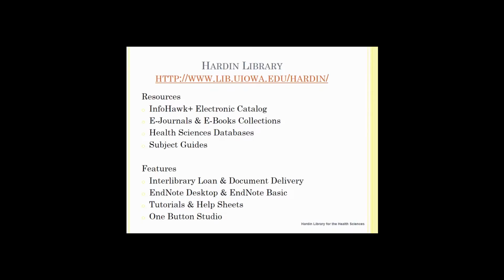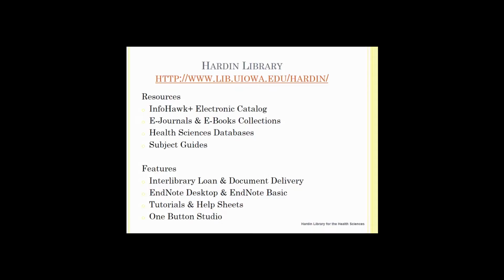Now, regarding books, or anything that cannot be scanned, again, if there's a book that you want and you're looking at the InfoHawk Plus electronic catalog system, and you click request, you'll notice after you click request, it'll give you a number.